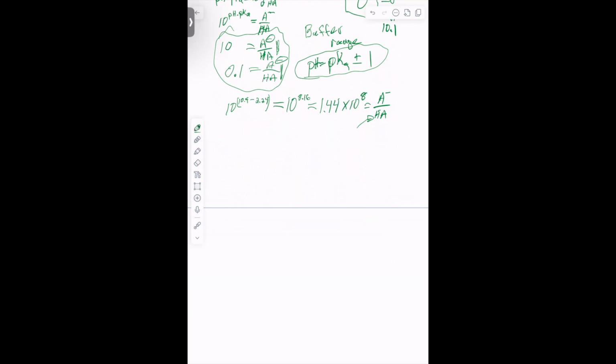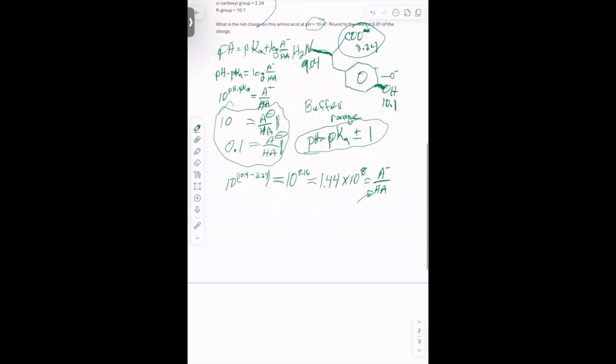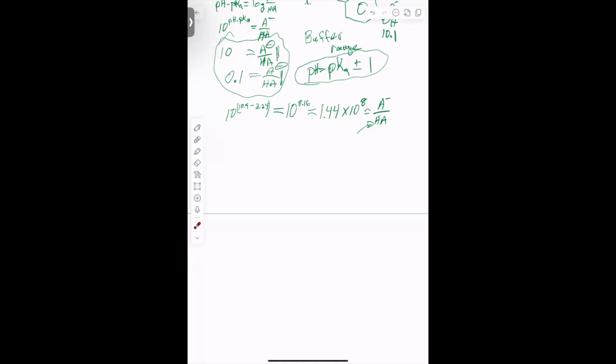So if you figure out what the ratio is for the 2.24 and you want to know how much of the base is present versus the acid, and you go through these steps, you're going to see that the ratio of A minus divided by HA is going to be vanishingly huge.